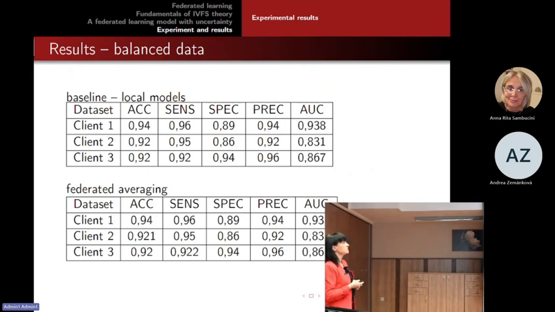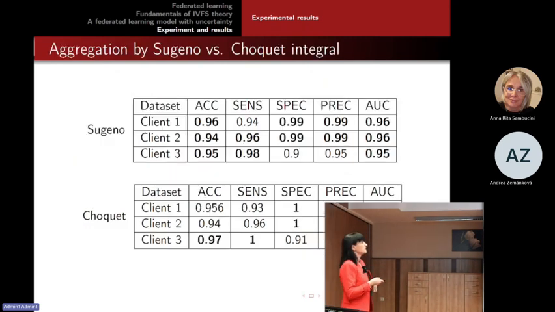For each local model we have balanced data with respect to the decision, and we see somewhat worse results, but very similar, both without federation and with federation when we use arithmetic mean. So not spectacular results, but if we look at Sugeno and more so the Choquet integral, then we obtain very high results, for example for accuracy. But we have only balanced data for each.